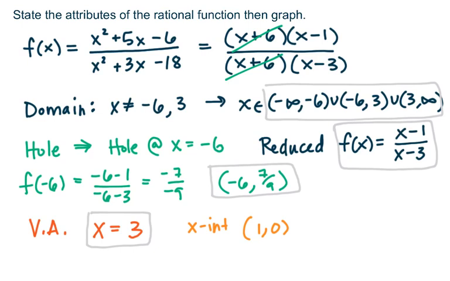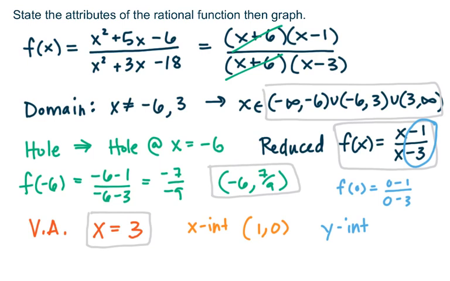And then my y-intercept, the y-intercept occurs when I let x equals 0. So f of 0 equals 0 minus 1 over 0 minus 3. That's going to simplify to positive 1/3. And you see, negative 1 over negative 3, that would simplify to positive 1/3.